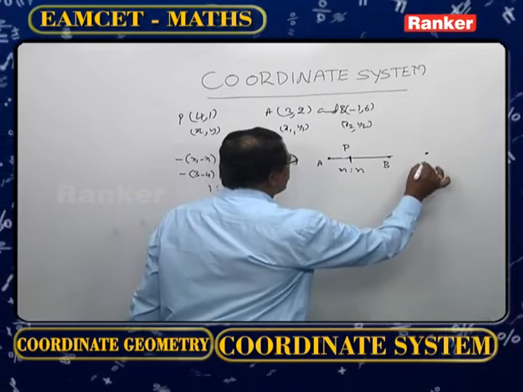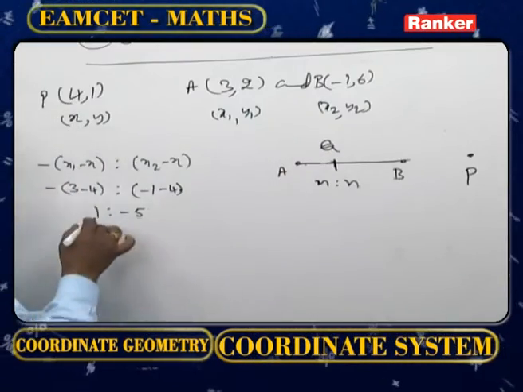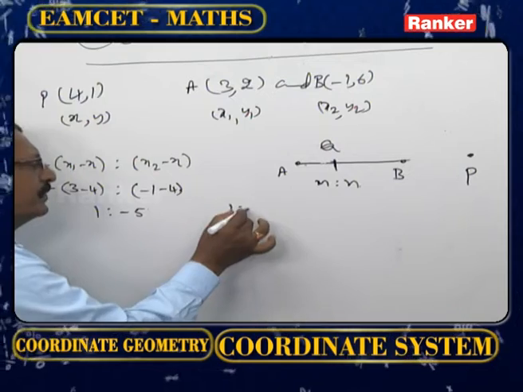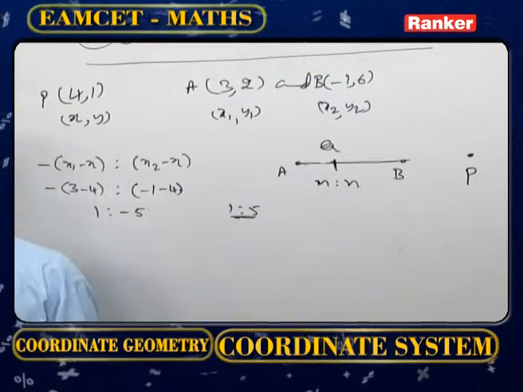Now we require the point Q which divides AB in the ratio 1 : 5 internally.